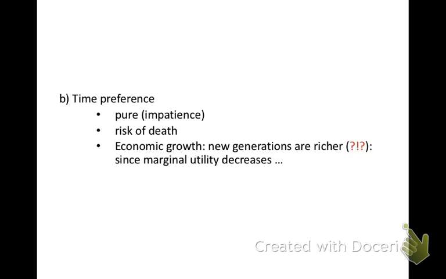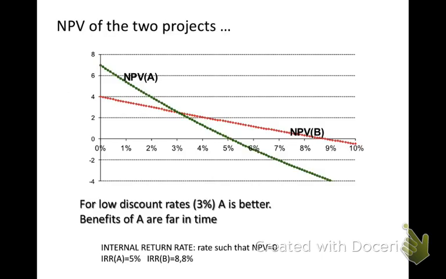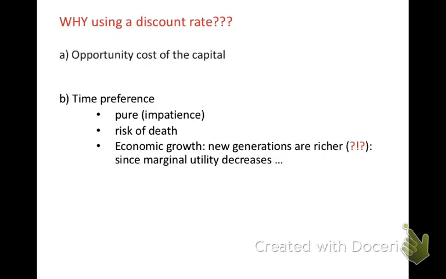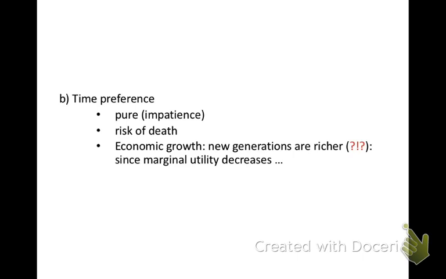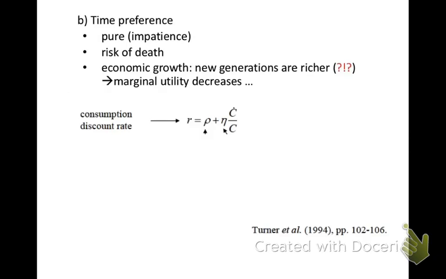And why shall we use a discount rate? We have two ideas. One is the opportunity cost of capital, that is, the opportunity cost of using the money. The other is the idea of time preference. And so the discount rate usually is specified as follows.